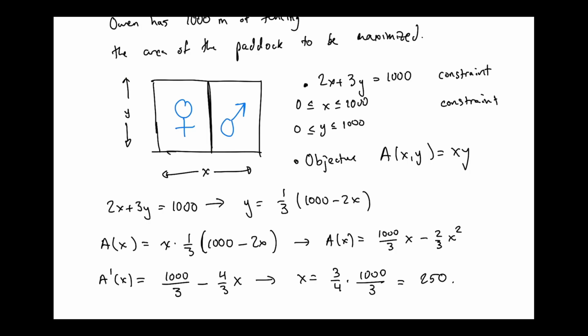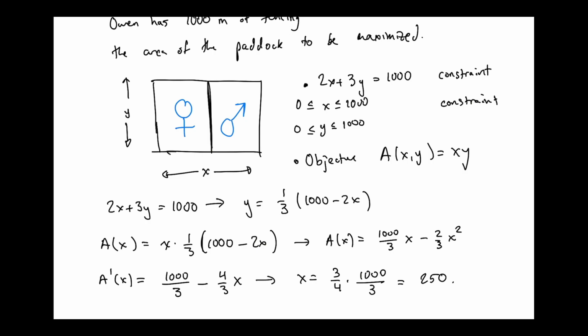And so if I solve for x, oh, sorry. What do I want the first derivative to equal? 0. Okay, so if I set this equal to 0 and solve for x, what do I get? 3/4 times the 1,000 over 3, which happens to be 250. Okay, that's nice. Good?